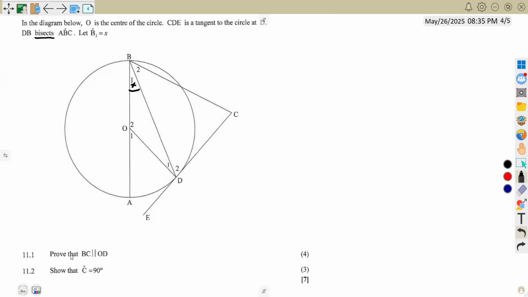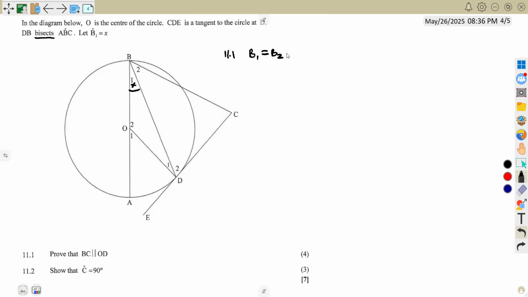Then the first part is saying prove that BC is parallel to OD. So in that particular case, for question 11.1, we can conclude that B1 is equal to B2.